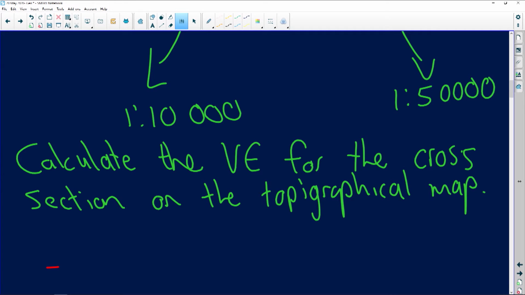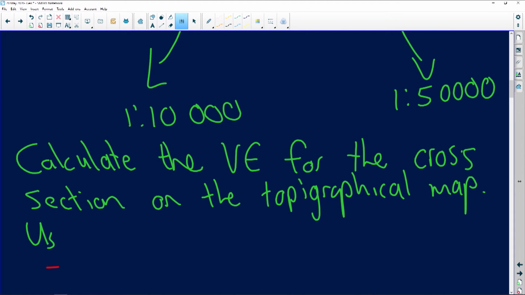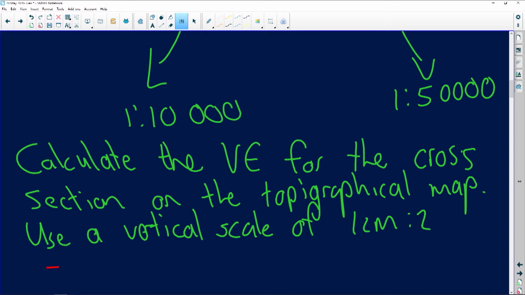And then, as I said, who will give you the vertical scale? Your examiner will give it to you. Use a vertical scale of 1 centimeter represents 20 meters.